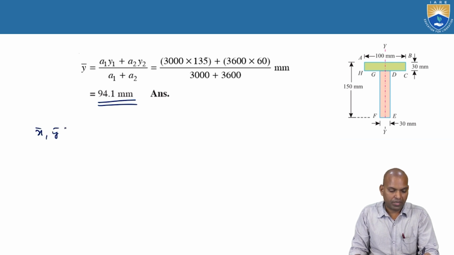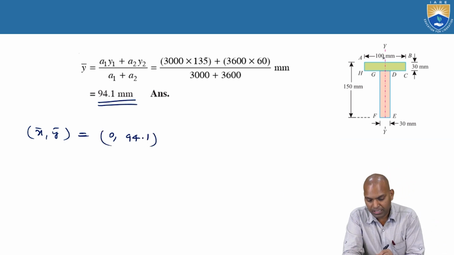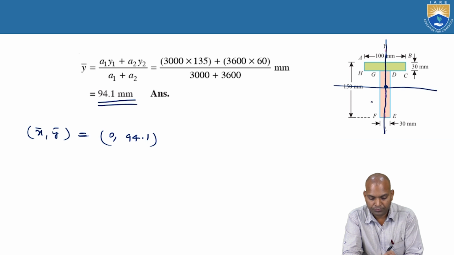So the location of the centroid of the T section is x bar equal to 0, y bar equal to 94.1 millimeters. It lies on the symmetrical axis, with G2 at 60 millimeters and the centroid at 94.1 millimeters.